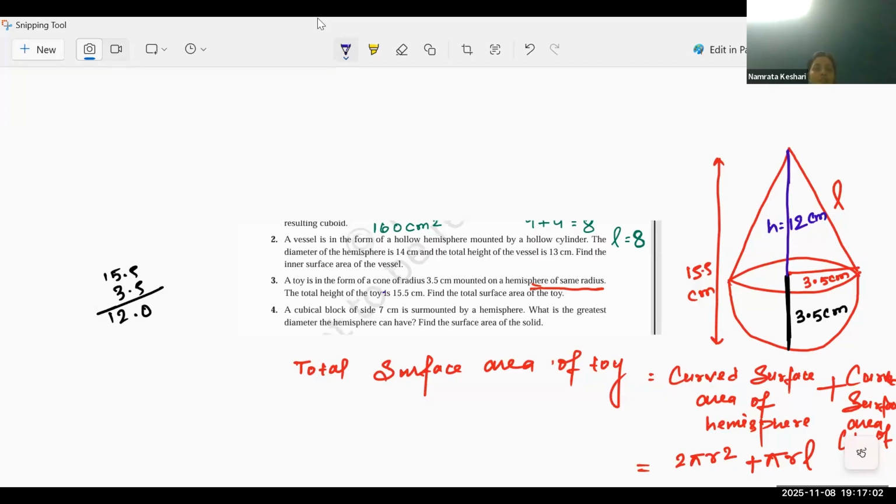Yes. Please do it. Find the slant height. L is equal to, we know there was a formula which came from the Pythagoras theorem. That much explanation we don't have to give. We will just say we know that L square is equal to h square plus r square. Our h is 12 square.